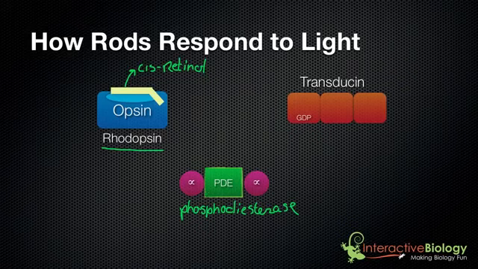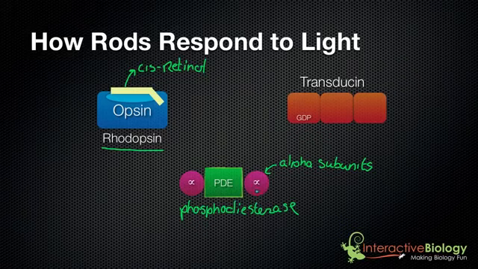However, it cannot do what it needs to do because it has these two alpha subunits attached. So these are inactivating alpha subunits. In order for this to do its job, and we're going to talk about its job in a little while, these alpha subunits need to be removed.